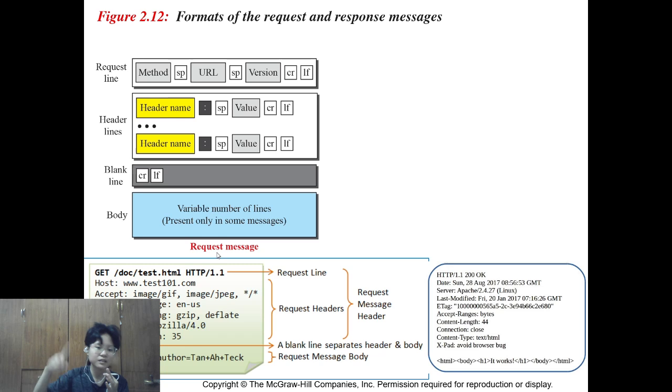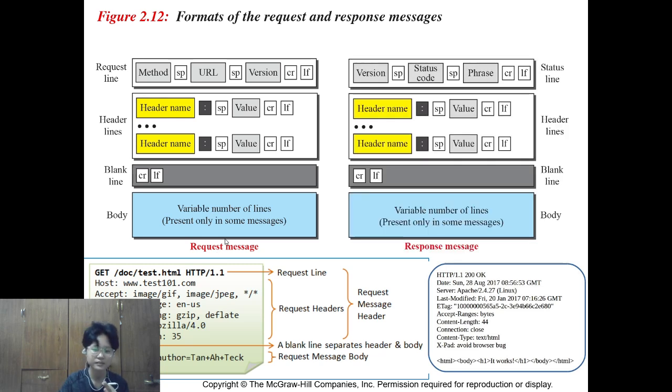This is a request message, and you can see the right picture is a response message, request and response. The topic in the later part has a different name. The left side is request line, the right side is status line.